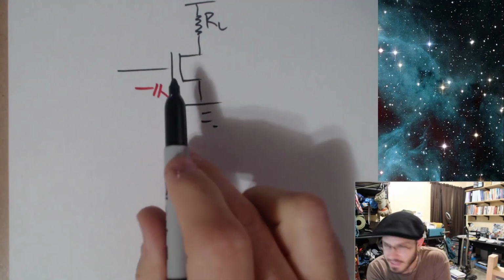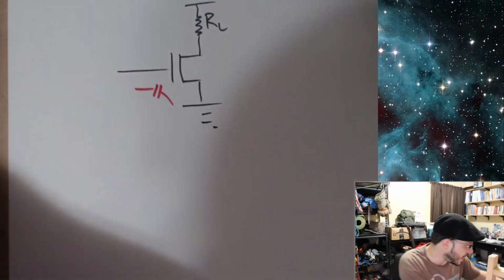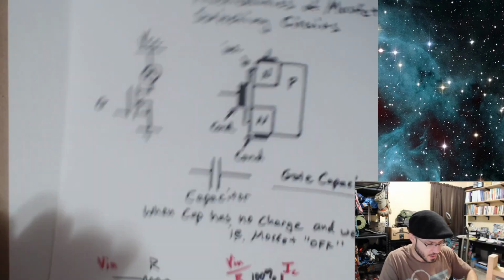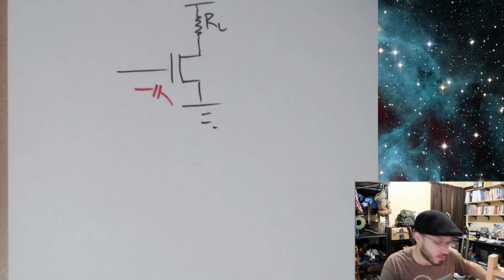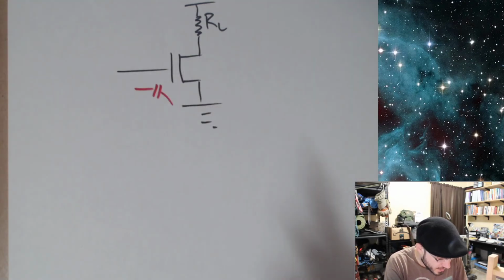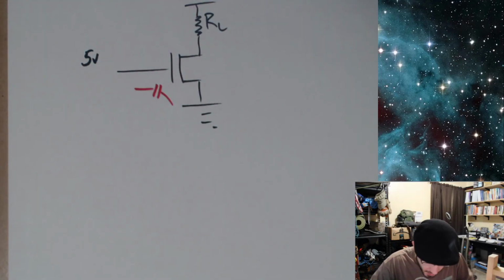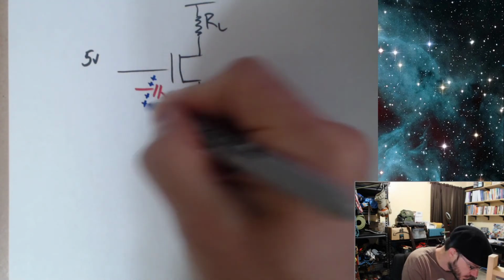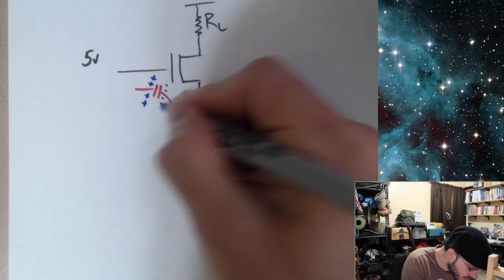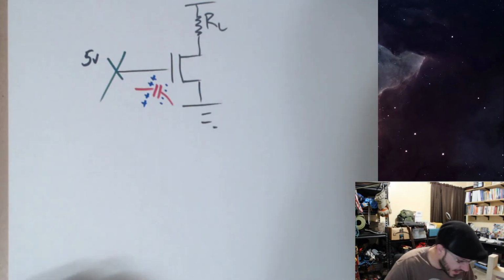and I'm using the abbreviated schematic symbol for these MOSFET circuits. They're the same as this. I'm just drawing it because this is much quicker for me to draw. Okay, so another side effect of this is if I apply 5 volts over here and then I build up the charge on this capacitor, and then all of a sudden for some reason we disconnect.